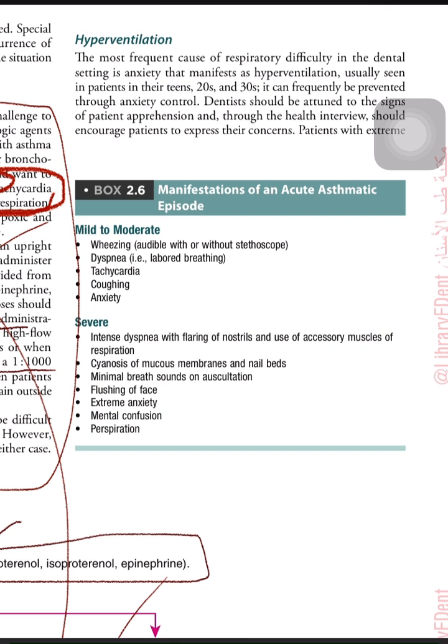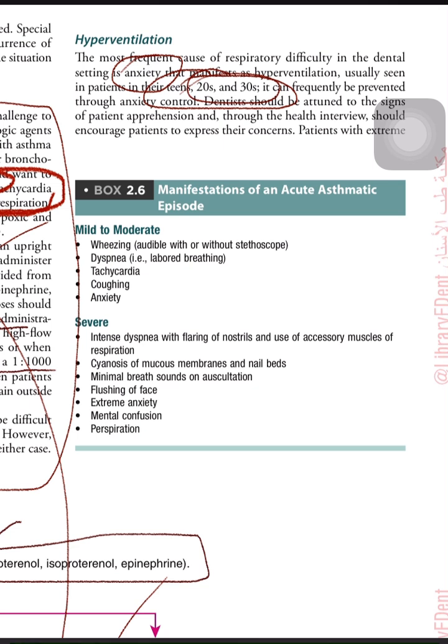This is the key line you have to understand for your exams and clinical practice: this is not asthma, it is hyperventilation caused by anxiety. Anxiety and teens. If you get any scenario with such keywords, you have to consider it as hyperventilation.